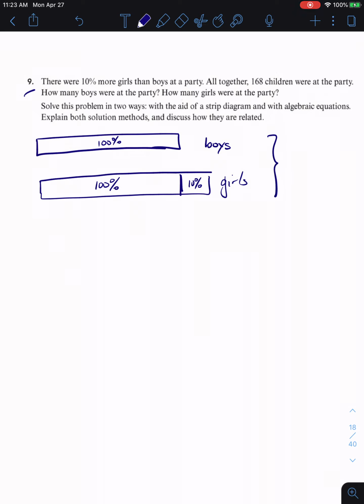If together there were 168 children at the party, how many boys were there? Well, if we want to break this up and make this visual, we could say that in total, whatever this group is, there are extra girls, so how many of those blocks are there in the whole picture? Well, if that's 10%, then there would be 10 of them here, right? And the same 10 of them here.